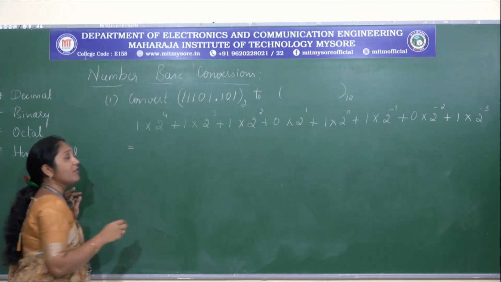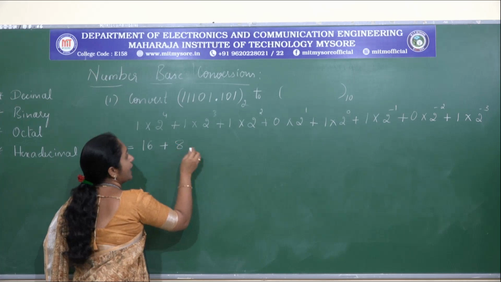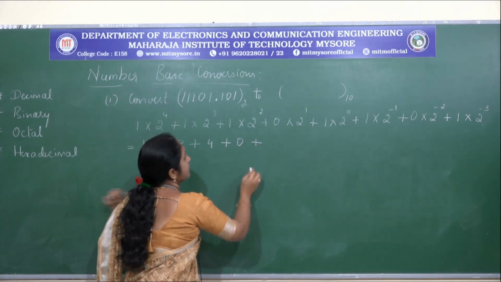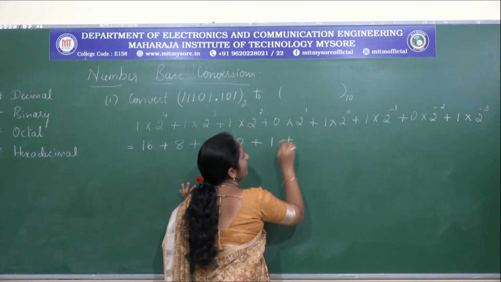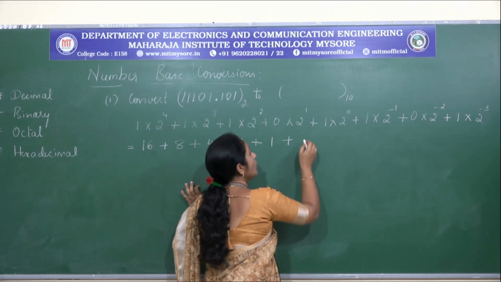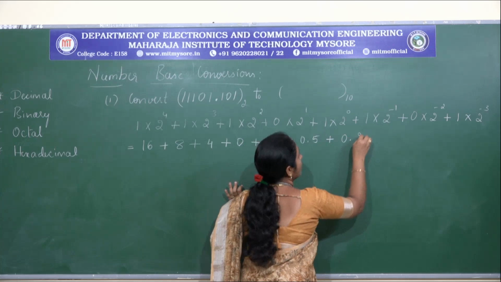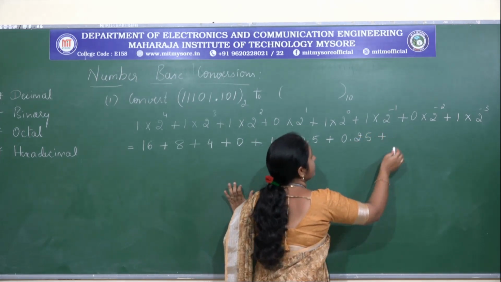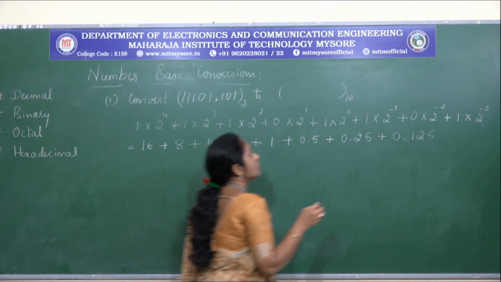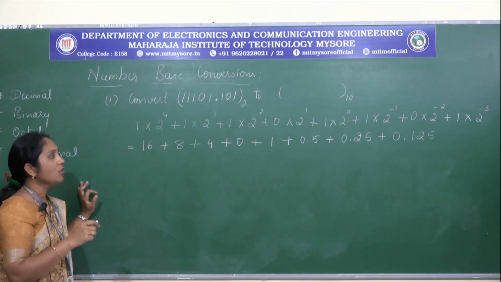1 into 2 power 4, 2 power 4 is 16, plus 2 power 3 is 8, plus 2 power 2 is 4, plus 0, plus 1, plus 2 power minus 1. 2 power minus 1 is 1 by 2, which is 0.5, plus 0.25, plus 0.125. So 1 by 8 is 0.125.